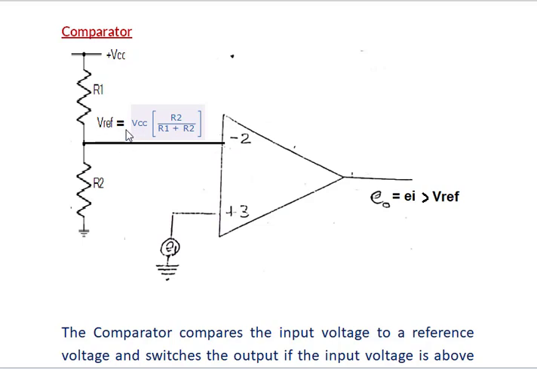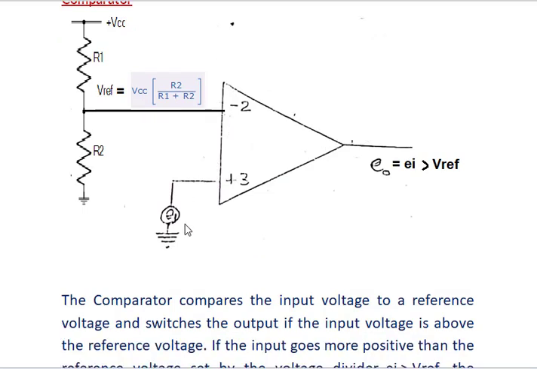This reference voltage is applied to the inverting input of the operational amplifier, and the input voltage E1 is applied at the non-inverting input of the operational amplifier. The output appears only when the input voltage we apply is greater than the reference voltage.